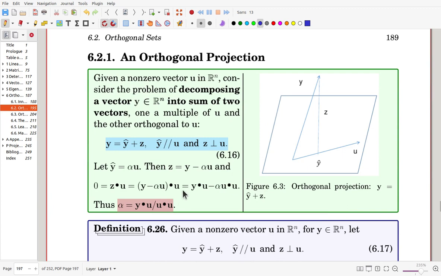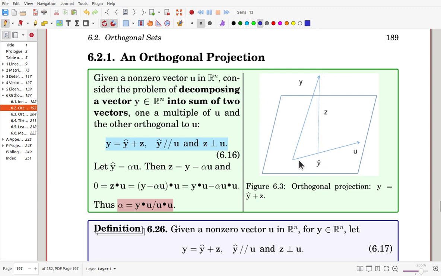Now we'll define orthogonal projection. Let's see this figure. For a given non-zero vector u, we consider the problem of decomposing a vector y into a sum of two vectors.